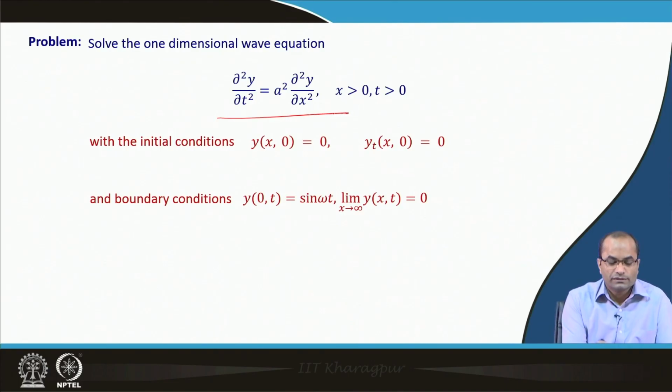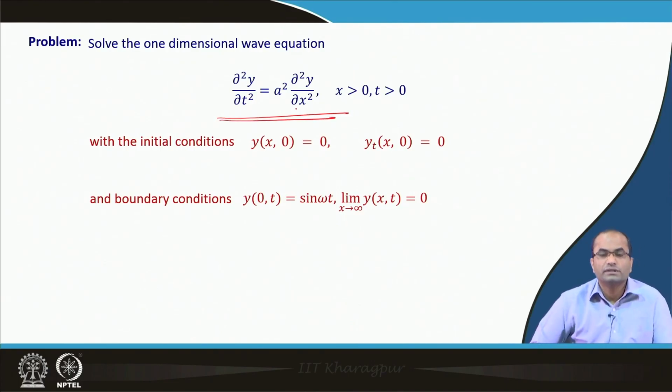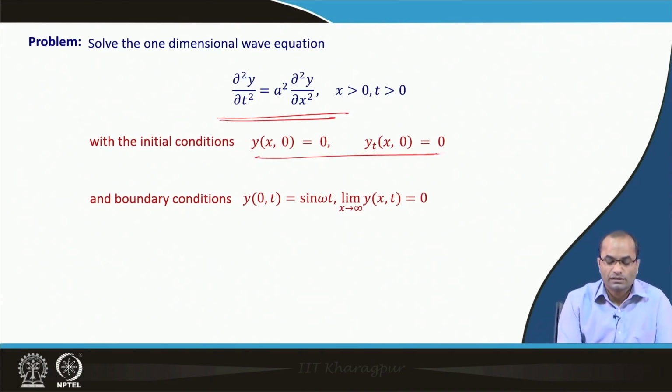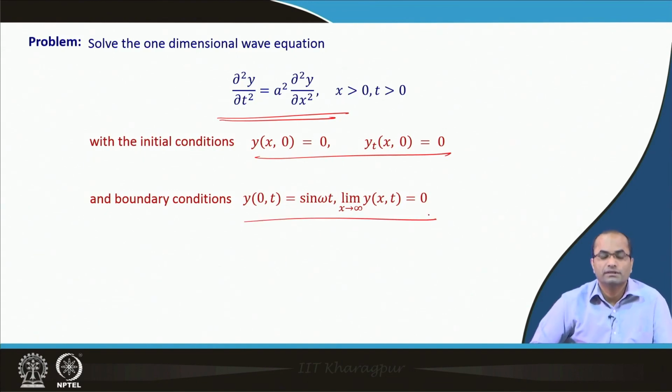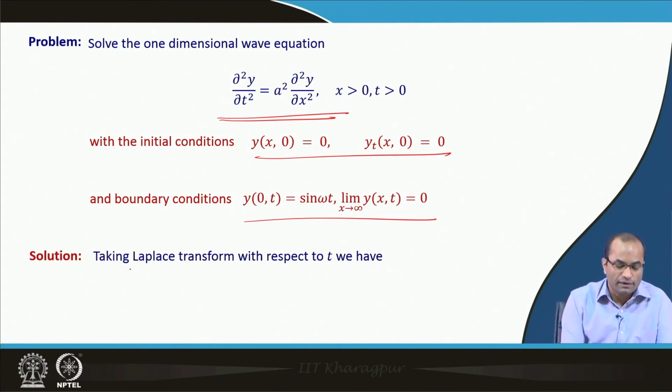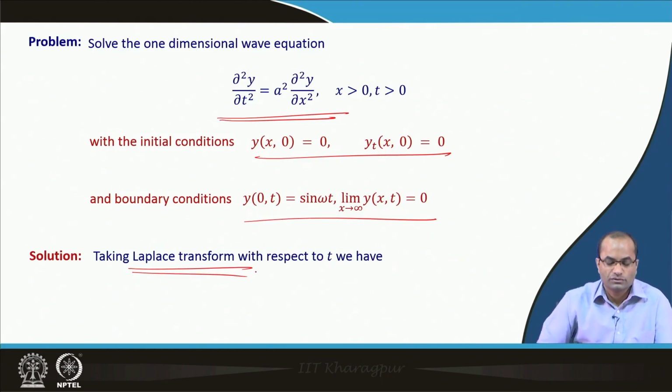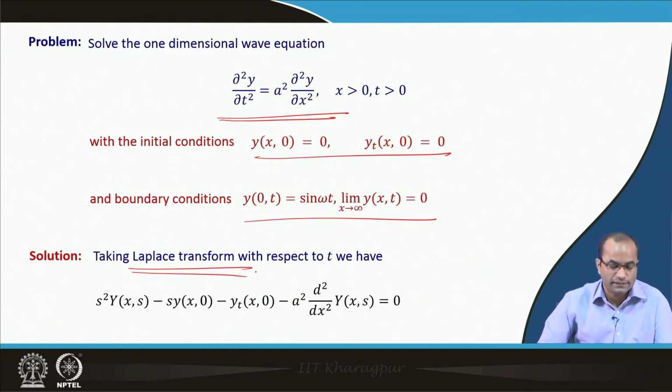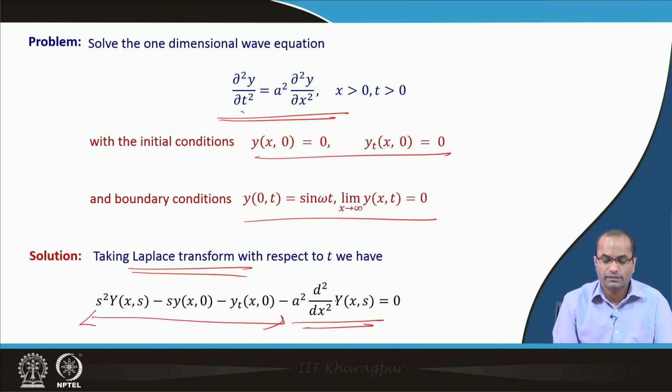We can follow similar steps, for example, for this wave equation, where we have the initial conditions and the boundary conditions given. We just take the Laplace transform with respect to t on both sides. Here the derivative theorem is applicable, and we have minus a square and d 2 over d x square of y x s.